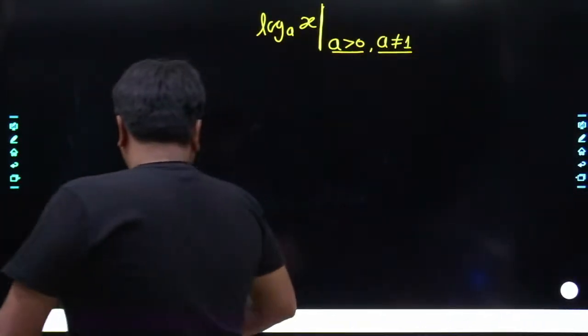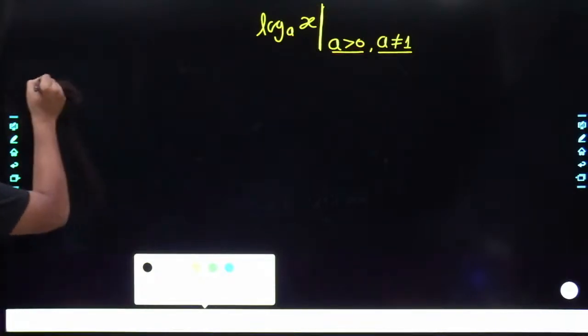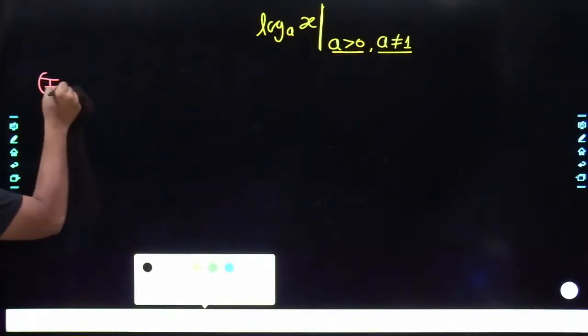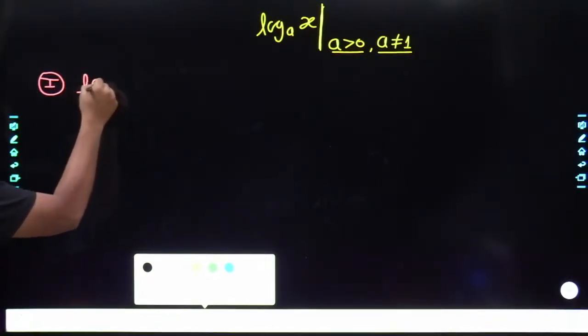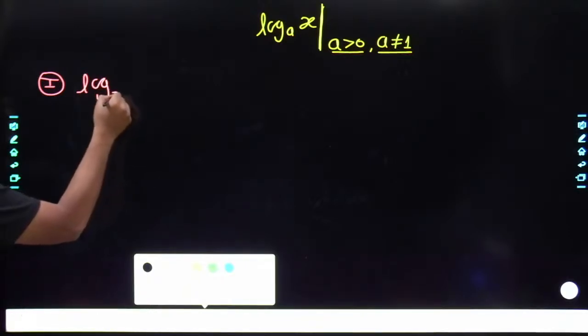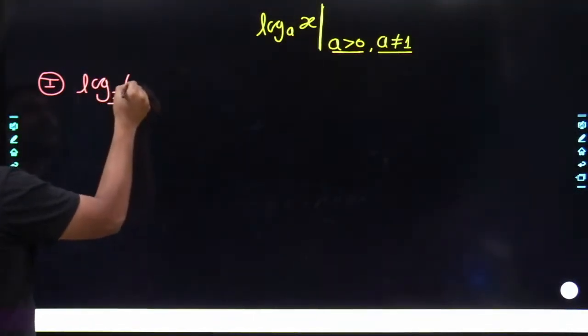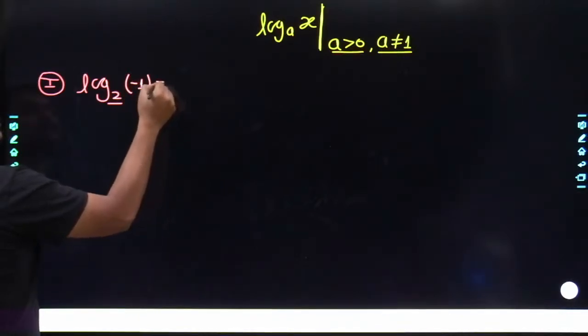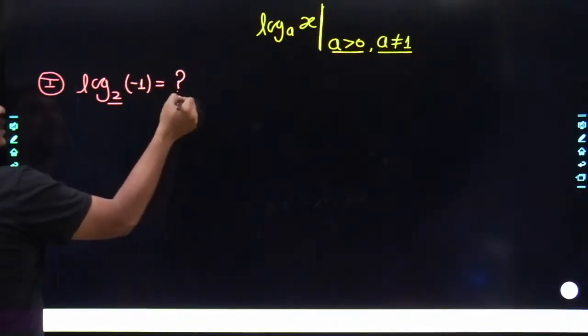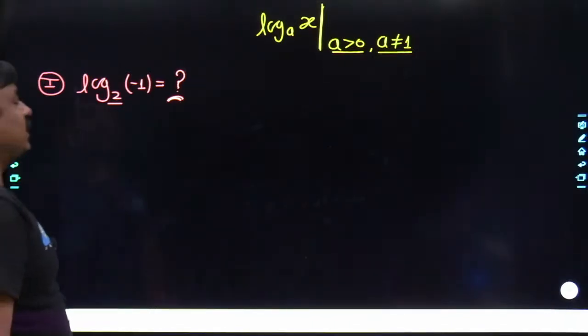Okay. In the same series, let me move forward. Can I have a situation where I have taken a positive base, let's take for the time being 2? Can I apply it over a negative value of x? Yes or no? Whether it is a valid form of the logarithmic expression or an invalid form?